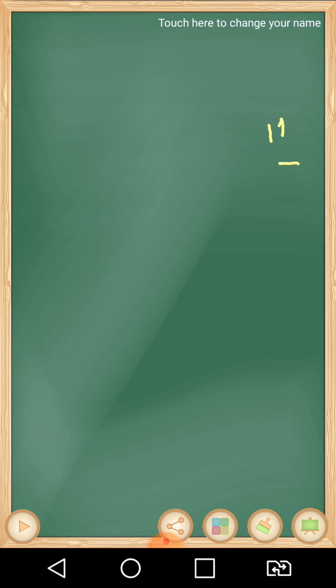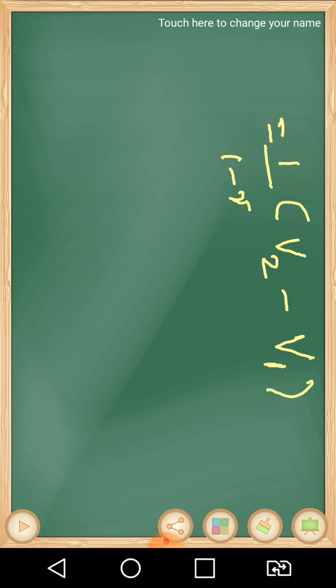So in short, 1 by 1 minus gamma into V2 minus V1.